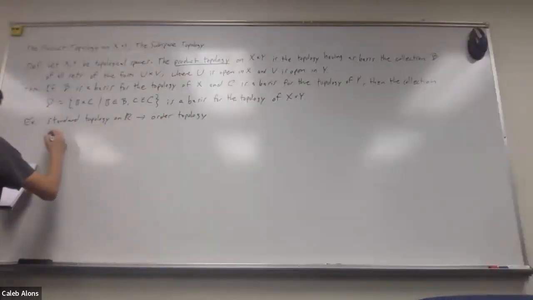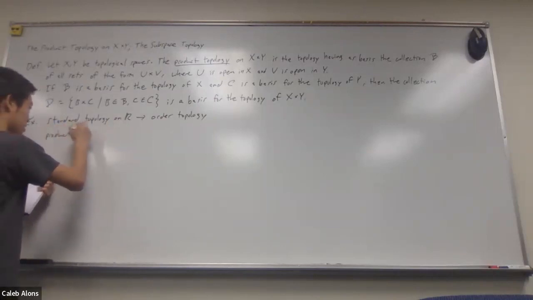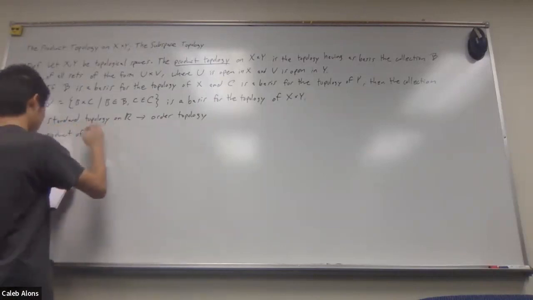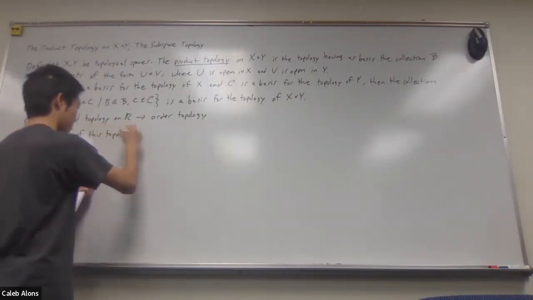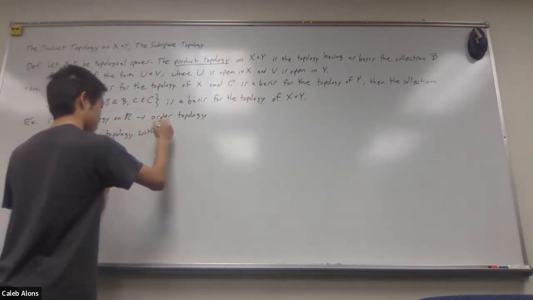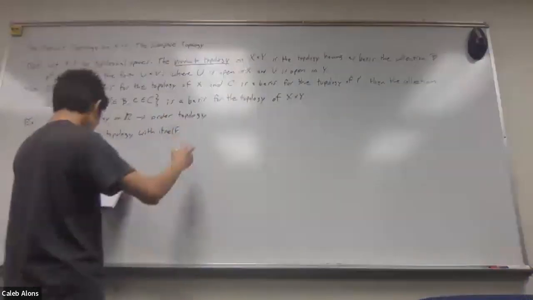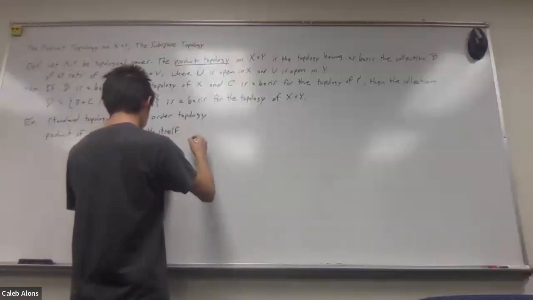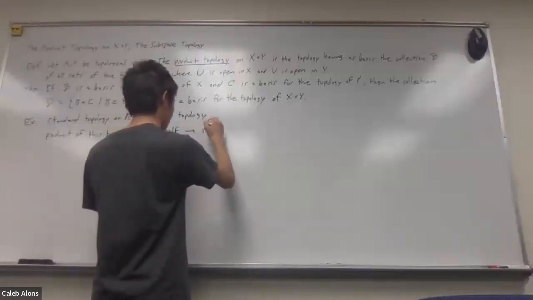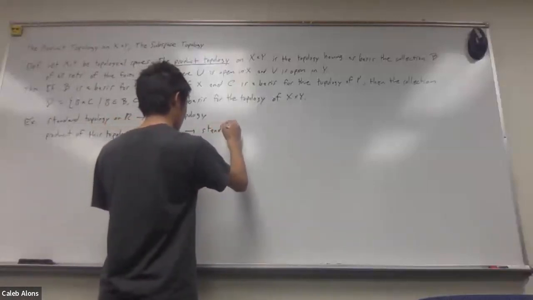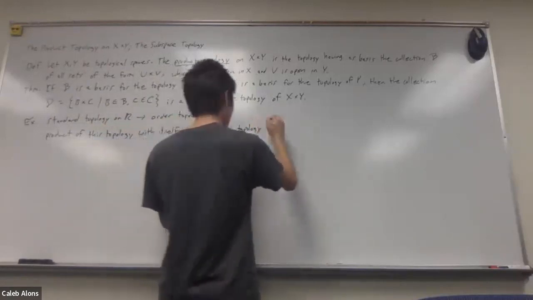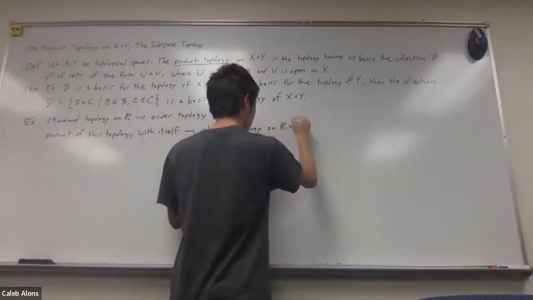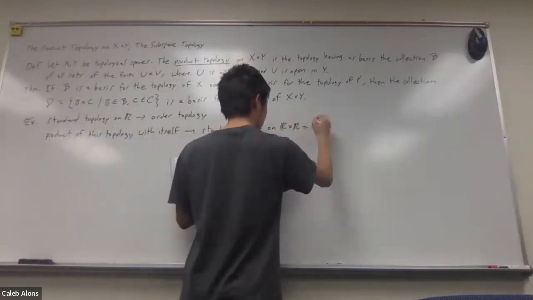So they're going to find that the product of this topology with itself is going to give what we call the standard topology on R cross R or just R2.